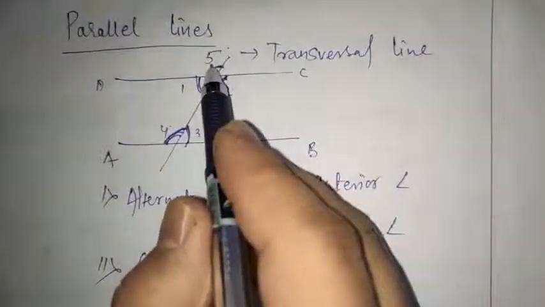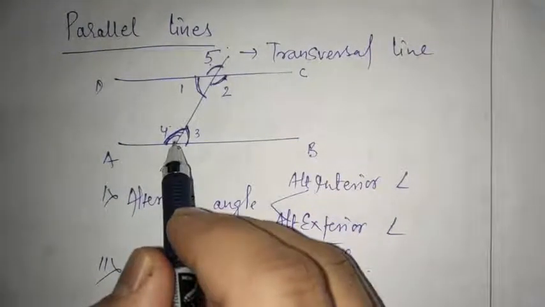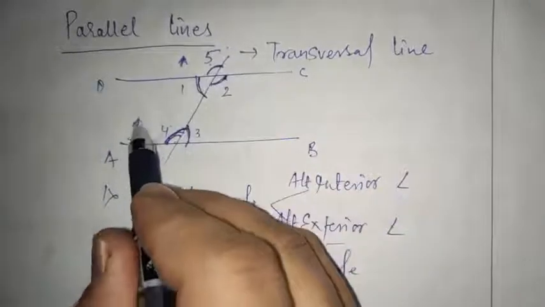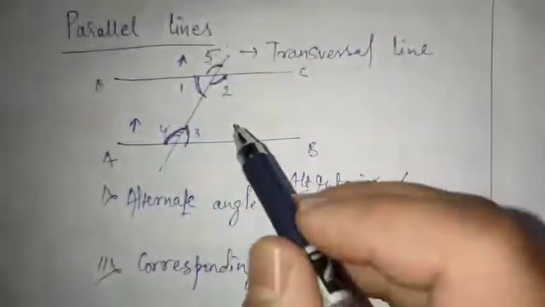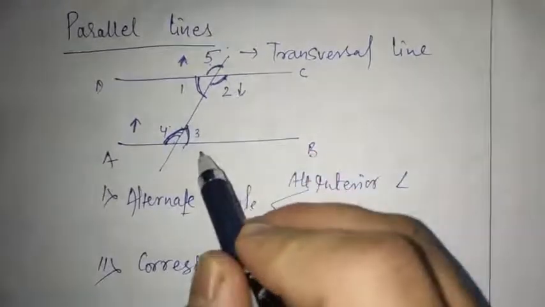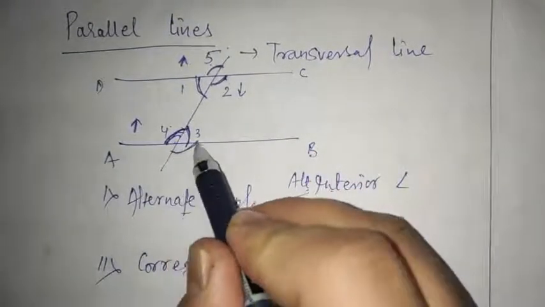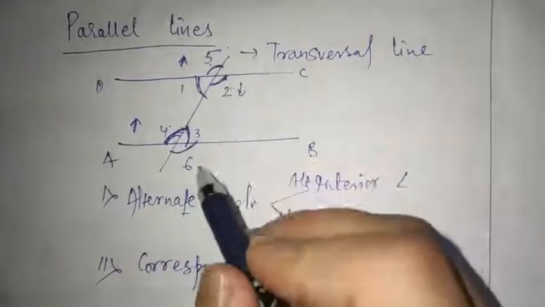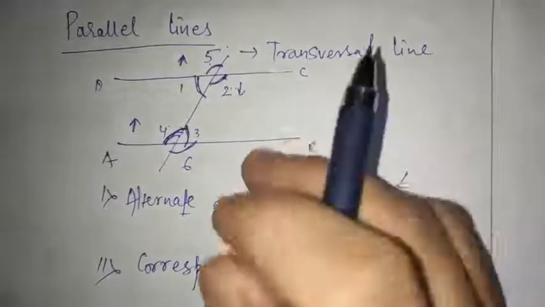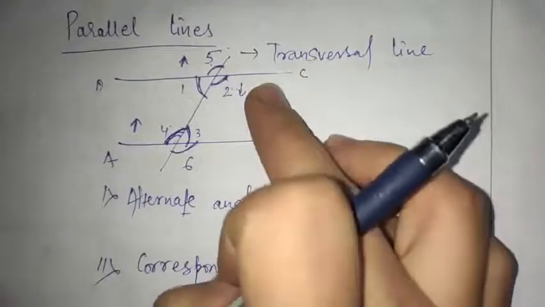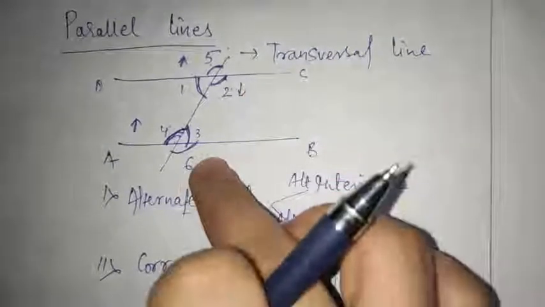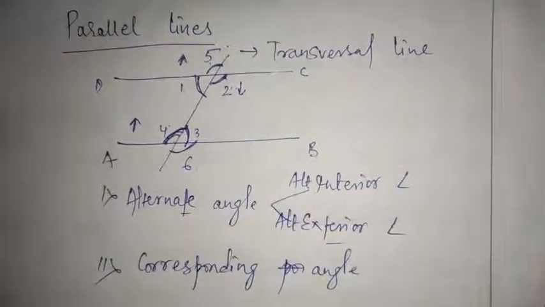Angle number 5 and angle number 4 are corresponding angles because they are outside the parallel lines above. Similarly, angle 2 and angle, say this is 6, angle 2 and angle 6 are corresponding angles. If these angles are matched, then this would be corresponding angle.